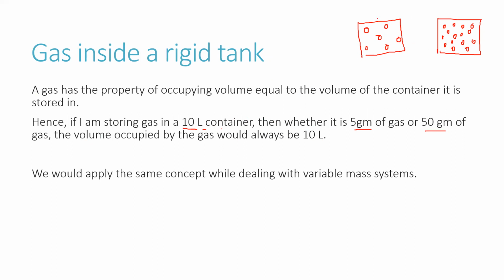This is the case of a rigid tank. In that case, the volume remains constant. It is rigid, therefore the volume is not going to change. So over here, at constant volume, you are adding gas to the tank. Irrespective of the mass of the gas added to a rigid system, the volume is going to remain constant.